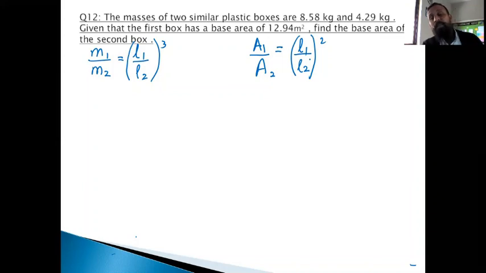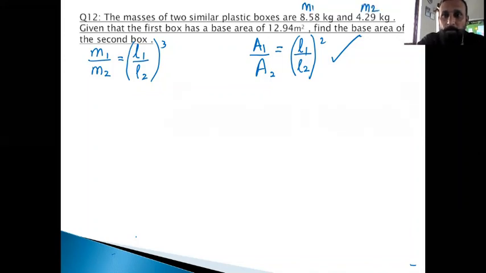Then we will plug the ratio of lengths into this formula and find the unknown area. So let's start. What are they saying? The masses are 8.58 kg and 4.29 kg. Let's suppose this is M1, this is M2. So let's plug in these values: 8.58 upon 4.29 equals.